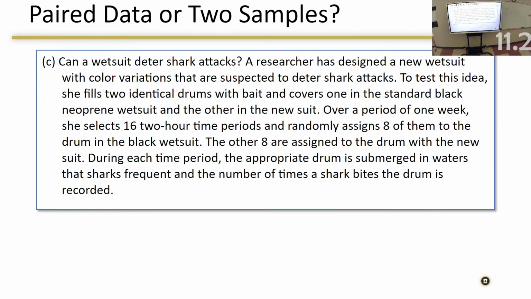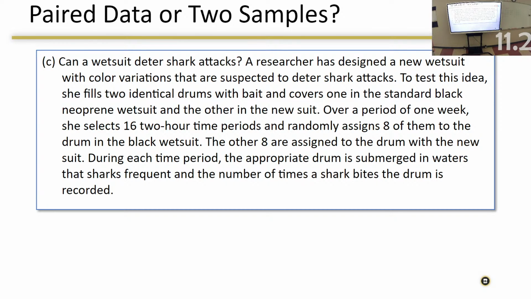Can a wetsuit deter shark attacks? A researcher has designed a new wetsuit with color variations that are suspected to deter shark attacks. To test this idea, she fills 2 identical drums with bait, covers one in the standard black neoprene wetsuit and the other in the new wetsuit.